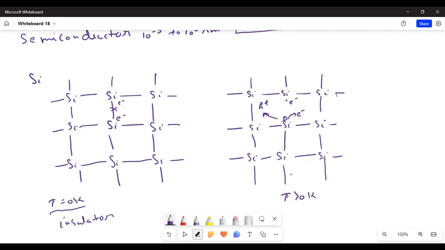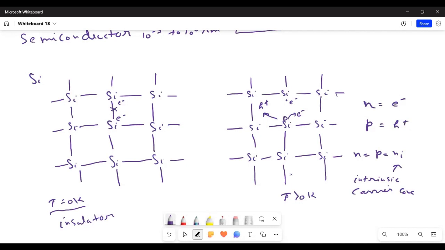Now we represent N for the number of electrons, and P for holes. In that case, an equal number of electrons and holes will be generated, N and P, and we say the concentration is Ni, which we call the intrinsic carrier concentration.